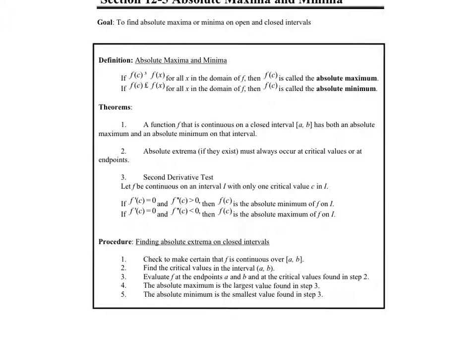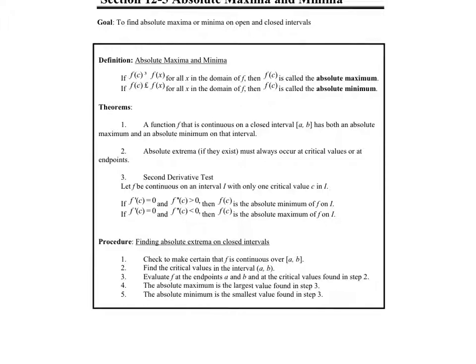And basically what you'll have to do on a closed interval is you don't even necessarily need the calculus other than finding those critical values in between your endpoints. You're just going to plug them all into the original and see which ones have the biggest y value and which one has the lowest. Okay? So if it's a closed interval, after you've identified your critical points, use those and your endpoints and just plug them into the original and see what values you get back.